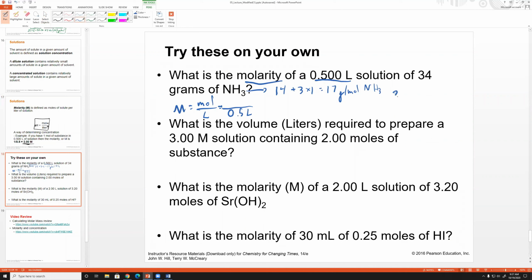So 34 divided by 17 equals 2, which is a good whole number. So we have 2 moles of NH3. This 2 moles goes in the molarity. And you have 2 divided by 0.5, which is 4 molar NH3. So that would be the answer.